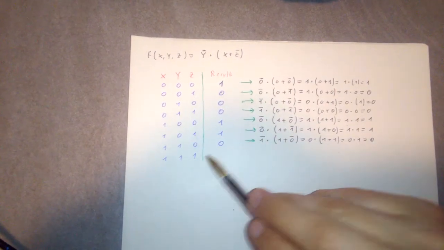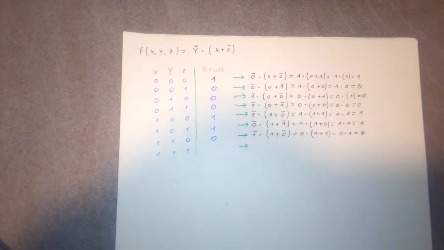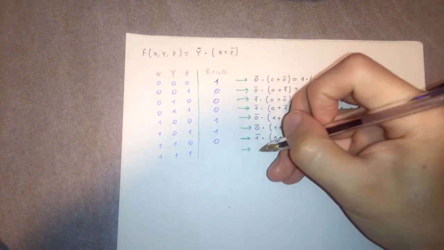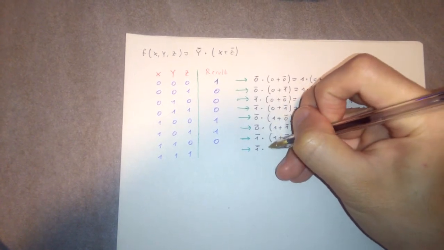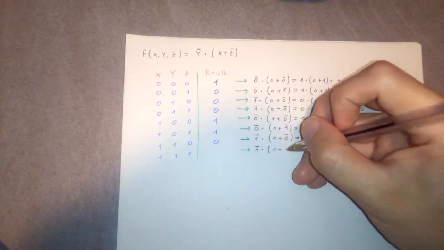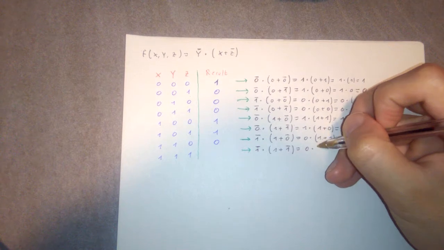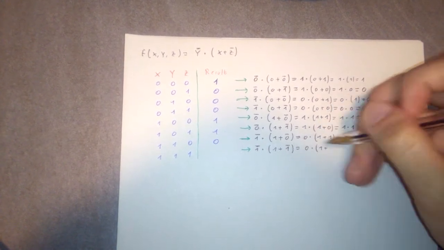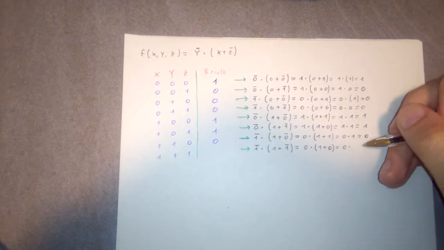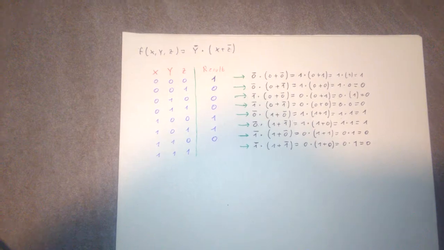Now we get 1, 1, 1. If we plug 1, 1, 1 in, we get not 1 times x, which is 1, plus not z, which is not 1. So not 1 is 0 times 1 plus not 1 is 0. So you get 0 times 1 plus 0, so 0 times 1 is 0, and we got 0 again.